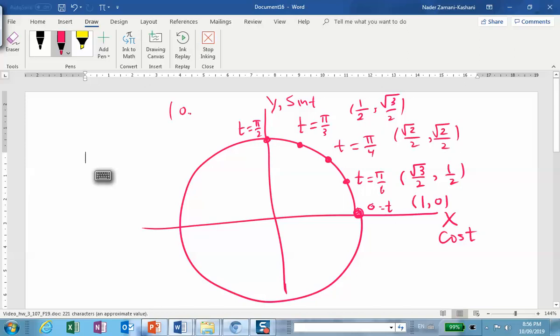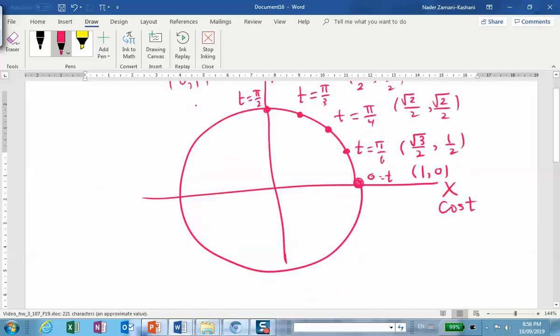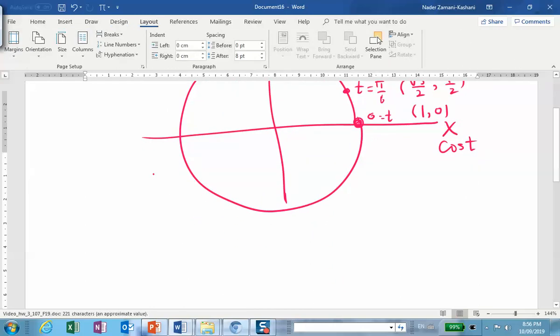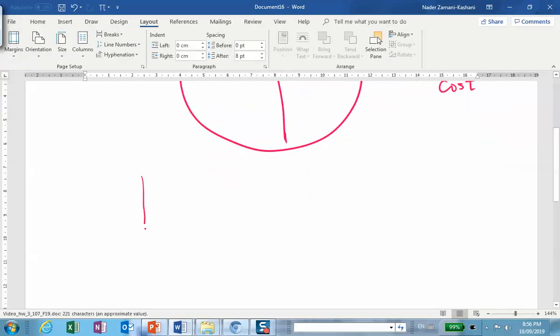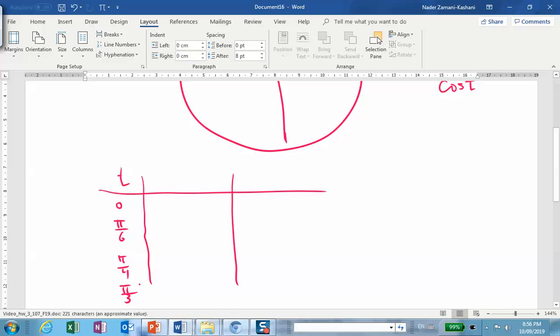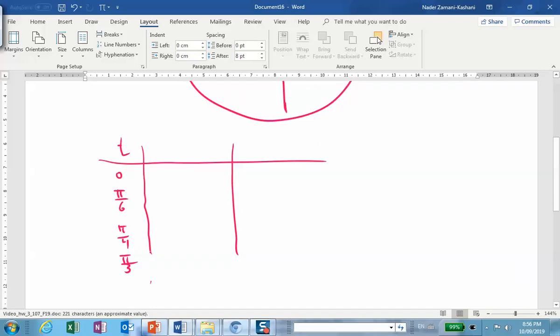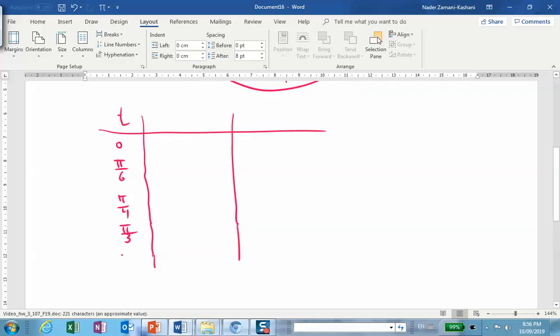So what is the meaning of these things that I wrote down? What it means is that if you look at t values 0, pi over 6, pi over 4, pi over 3, and pi over 2, right here, these are the x values, which are cosine of t, and these are the y values, which are sine of t.